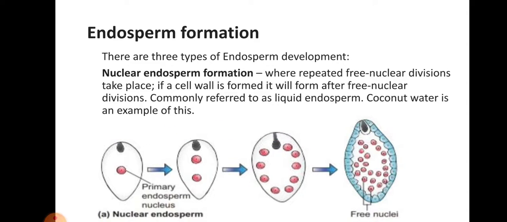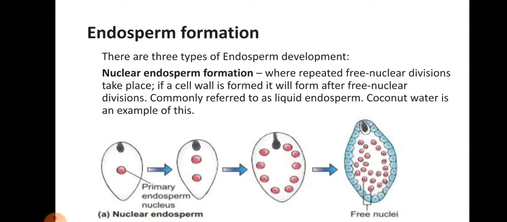So here we can say every seed has an endosperm. In some seeds or some fruits, it has the free type of endosperm, or we can say the nuclear type of endosperm. So here the cell gets divided. Here you can see the primary endosperm nucleus is present, and it will be divided into two cells again.